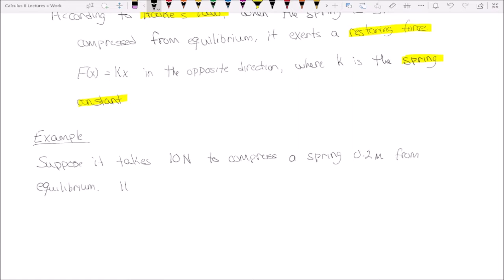We want to determine how much work is done to stretch the spring 0.5 meters from equilibrium.